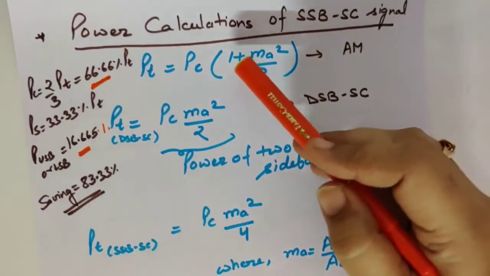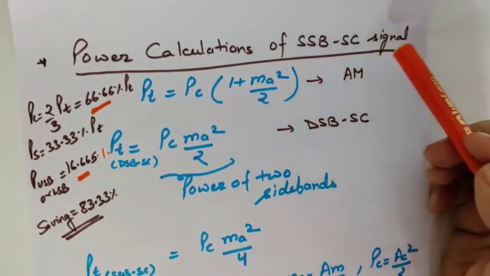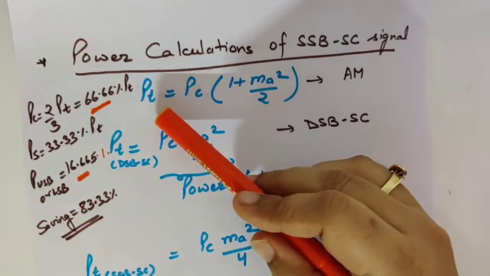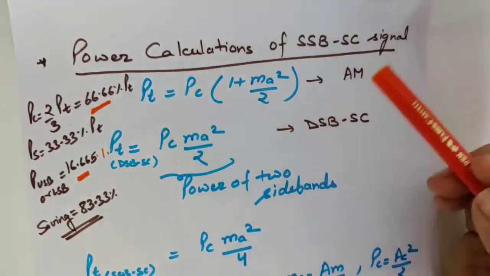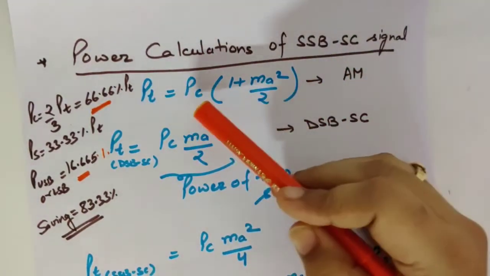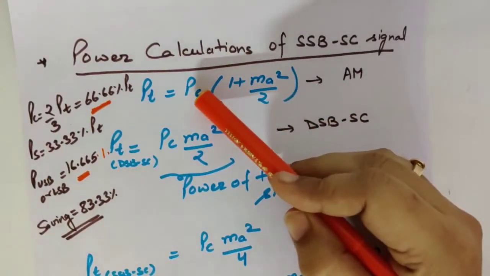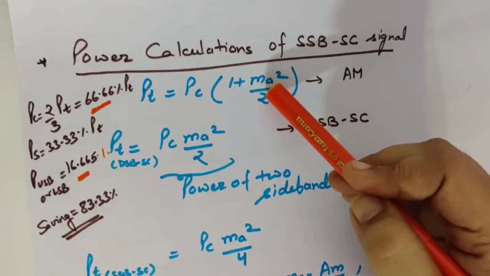Okay, let's come to the power calculation of the SSB-SC signal. You know the total power required for the transmission of AM is PT equal to Pc (1 plus ma square by 2). It has the carrier power as well as the sideband power.